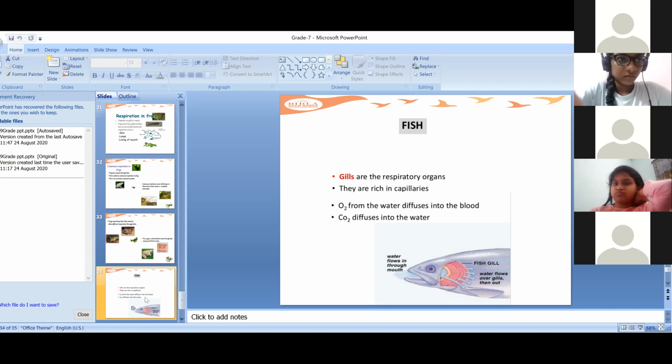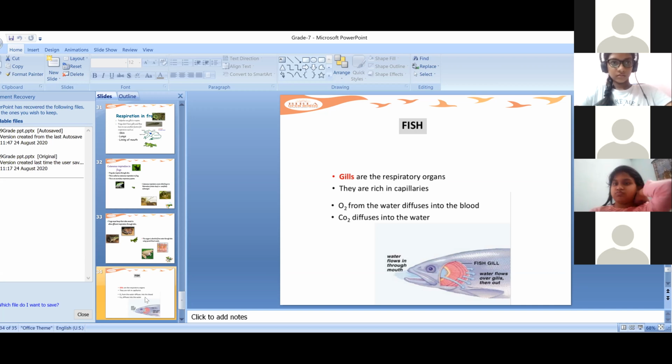Gills are rich in capillaries. They have small holes. Have you seen the fish gills? Any one of you have seen the gills of fish? Yes, there are small holes. They are rich in capillaries. It will be like a semicircle, moving up and down. Blood flow will be there.